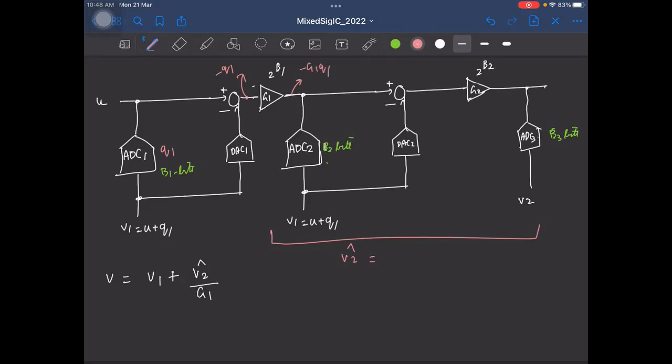Fine. So this minus G1 Q1 is given to this two-step ADC. What will be the output? It will be the input to the ADC, that is minus G1 Q1, plus the quantization noise added by the last stage. Let's say the quantization noise with this is Q2, this is Q3. So what will be the final output?